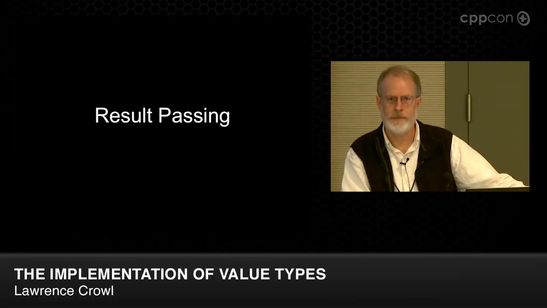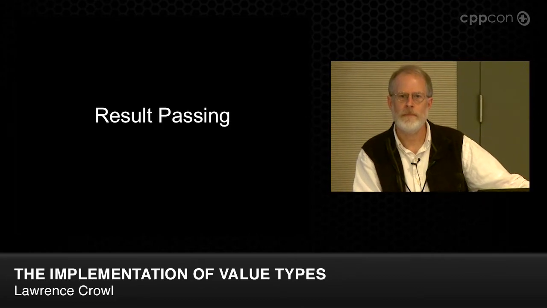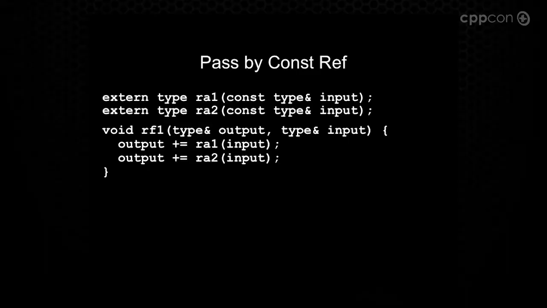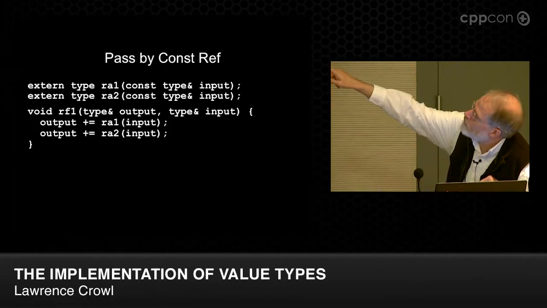Yes? You were referring to aliasing with pass by reference. Right. But what's the situation where I have to worry about aliasing if I'm passing by const reference? Well, here is exactly that situation. Oh, sorry, that's a typo. It should say const type reference input.